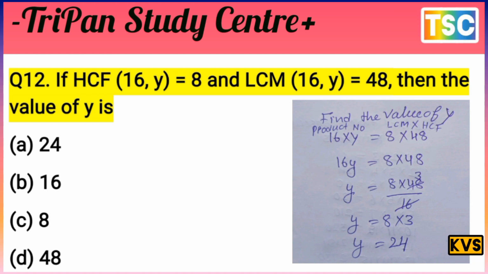So 16 into y is equal to 8 into 48, and y is equal to 8 into 48 upon 16. You cut down, and the answer comes here. Show on your screen: the answer is 24. That's important.